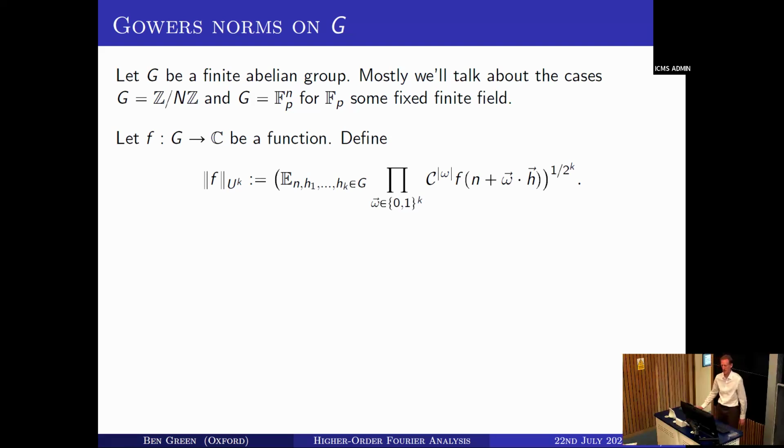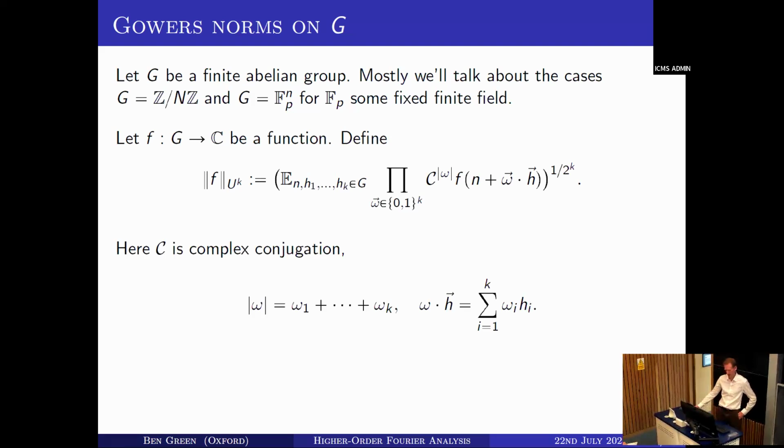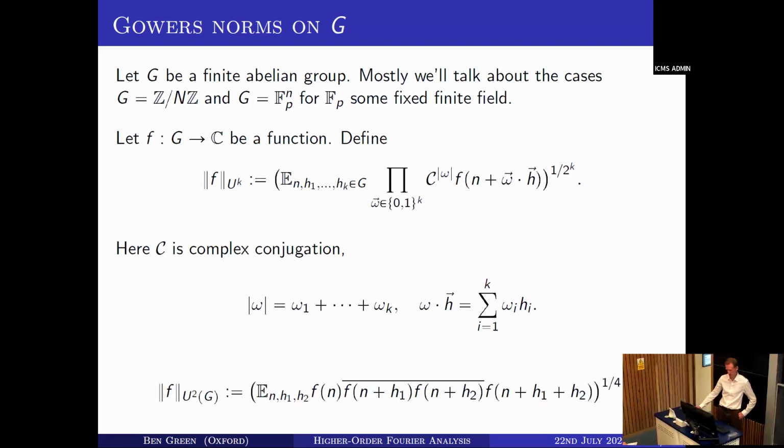I expect most people have seen this before, but if you haven't, it maybe looks a little bit complicated. So that's the U^k norm. There's one of these norms for each integer k greater than or equal to 2. It's an average of f over parallelepipeds of dimension k with some complex conjugates.